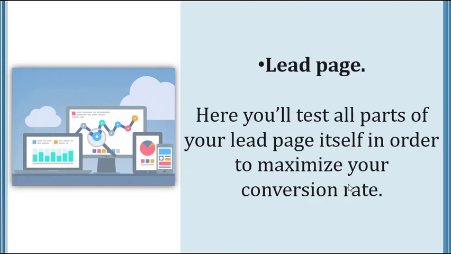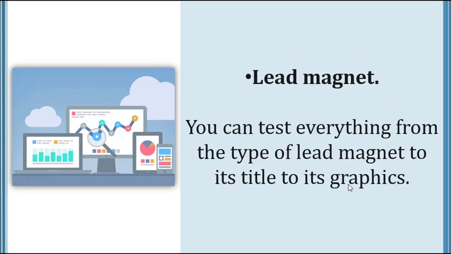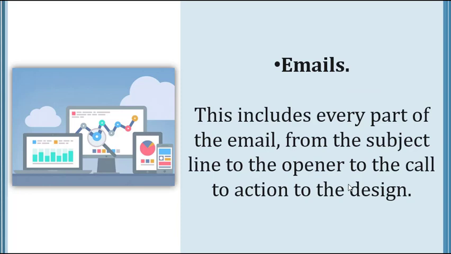Also, your lead page. Here, you'll test all parts of your lead page itself in order to maximize your conversion rate. Then, lead magnet. You can test everything from the type of lead magnet to its title to its graphics. Emails.